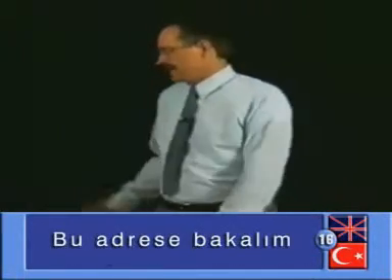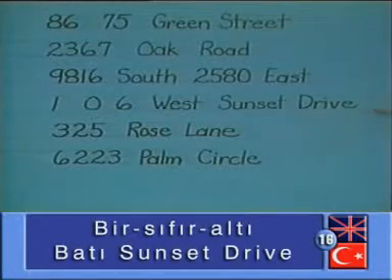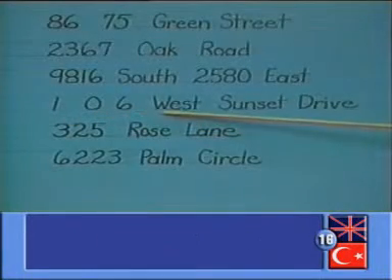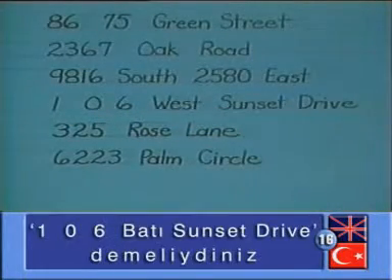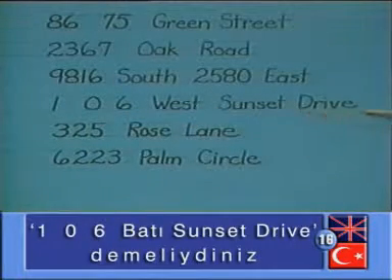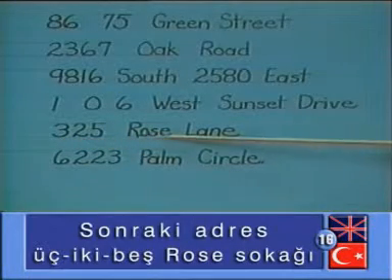Let's look at this address. 106 West Sunset Drive. It's your turn. You read it. You should have read 106 West Sunset Drive. The next address is 325 Rose Lane.